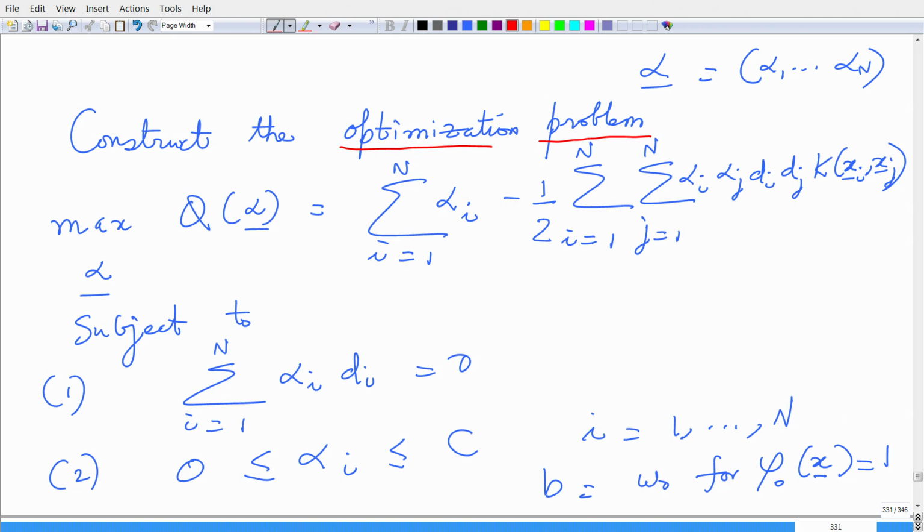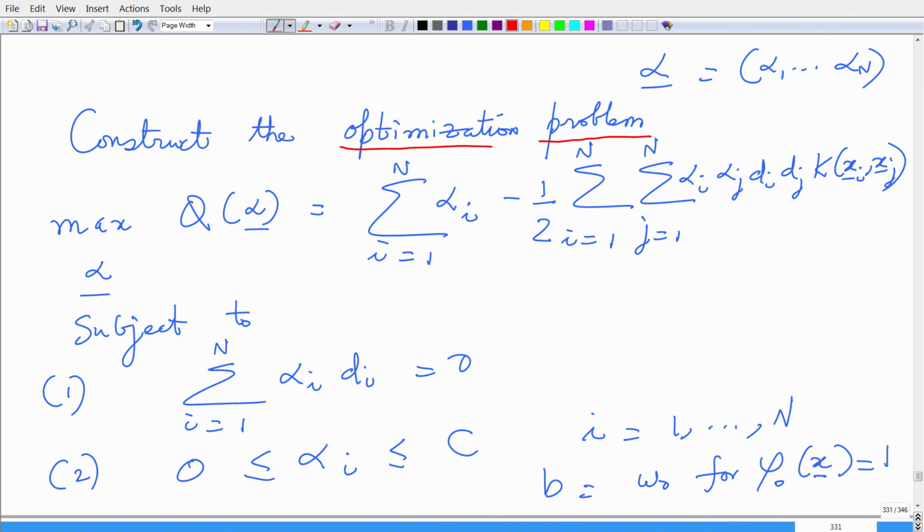We would like to maximize this function q of alpha, where alpha is this vector comprising of the Lagrange multipliers alpha 1, alpha 2, and so on till alpha subscript n. We want to maximize q of alpha with respect to alpha subject to certain conditions.